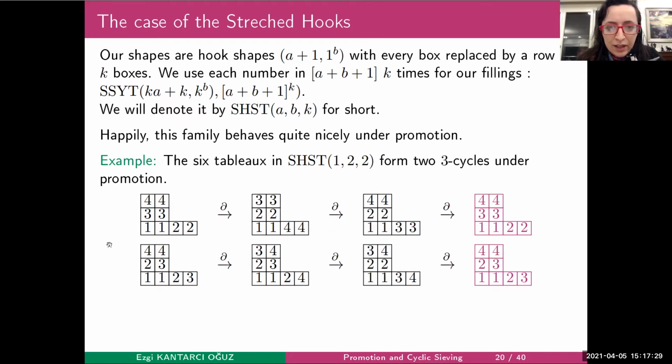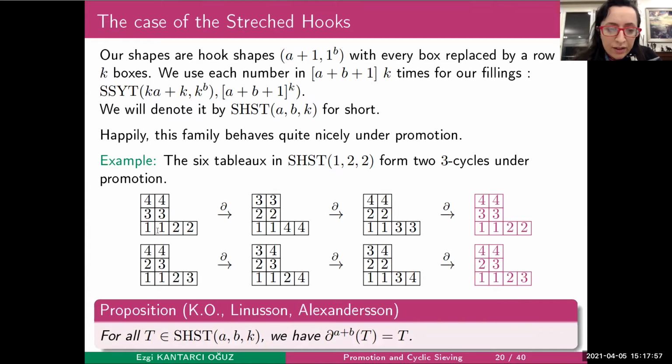But in this case, happily, the promotion operation behaves very nicely. For example, these are the 6 tableaux that are stretched hooks of shape 4, 2, 2. And then we stretched by 2, so we use 2 of each number, and we get 2, 3 cycles.